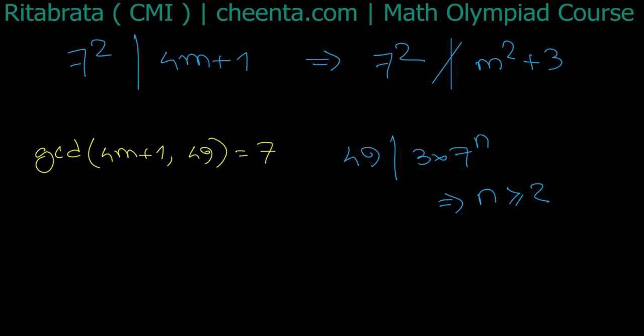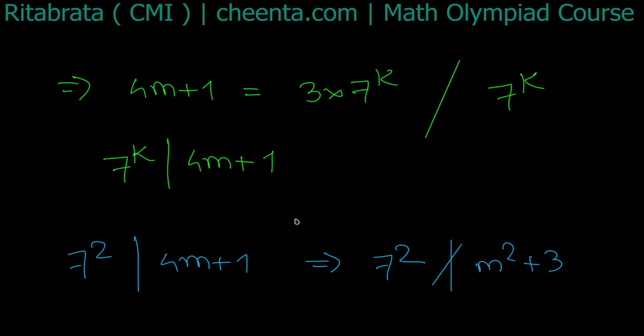As 7 divides 49, so 7 squared doesn't divide 4m plus 1. It must hold, na? Because if 7 squared divides 4m plus 1, my GCD would be 49. So 7 squared doesn't divide 4m plus 1. So the highest power of 7 in 4m plus 1 is just 1.